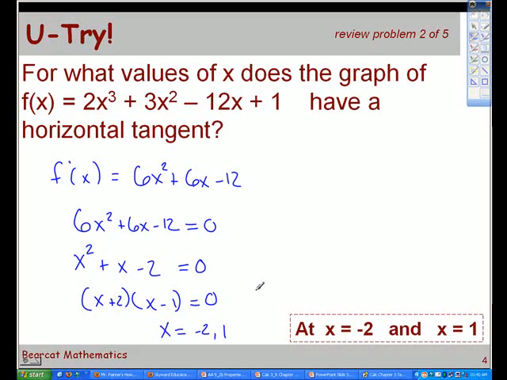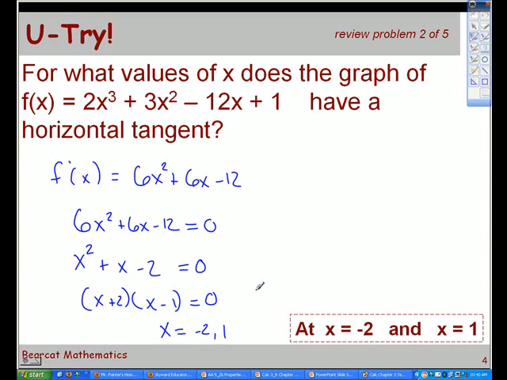You can do that, but if you add 12 to the other side and divide by 6, you get x squared plus x equals 2, don't you? Okay. Which I don't know how to factor, but if I can get it set equal to 0 and I just use what I know about quadratics, I can factor that.